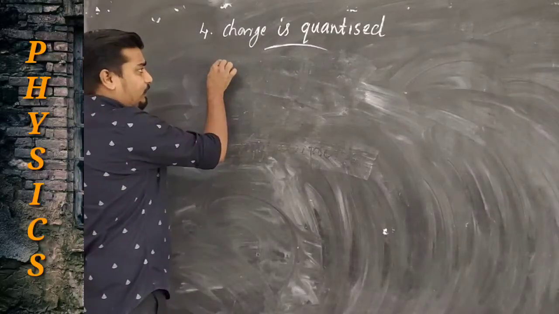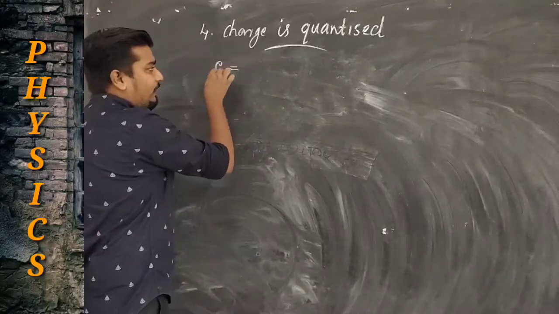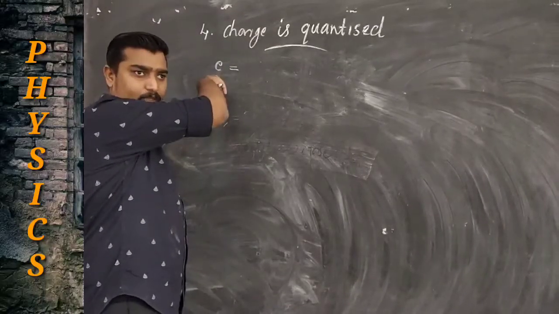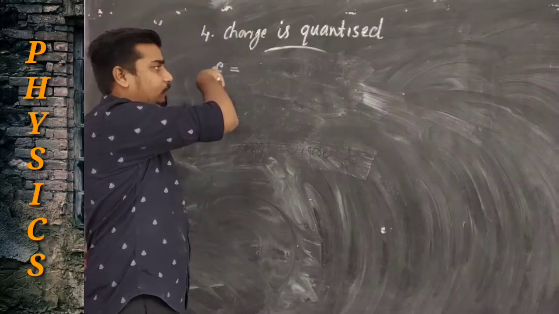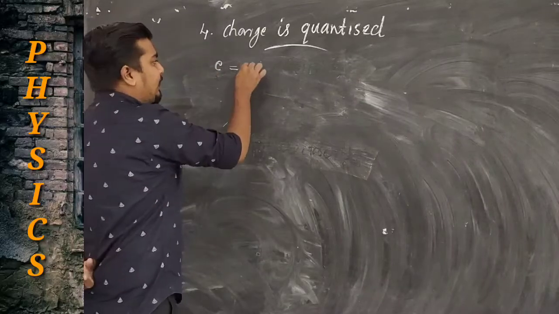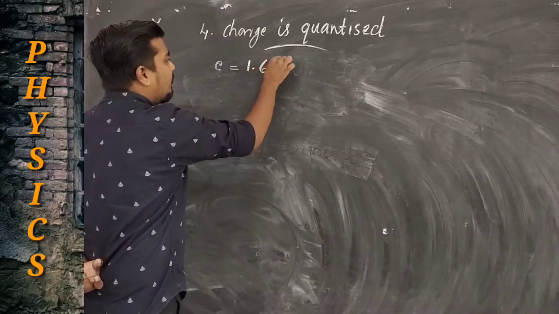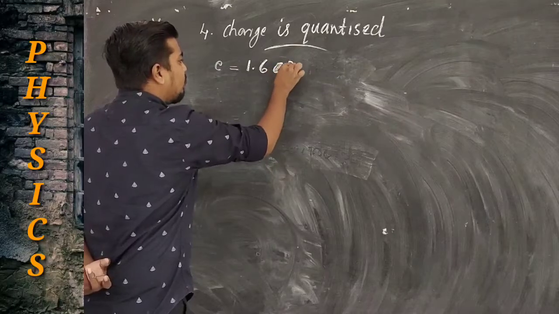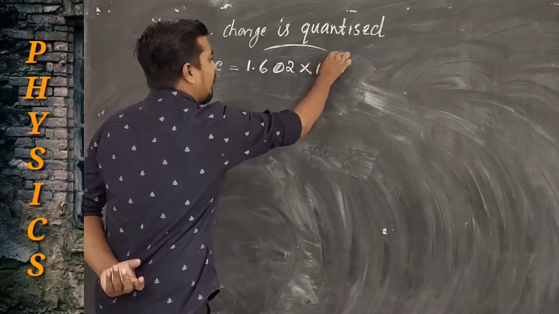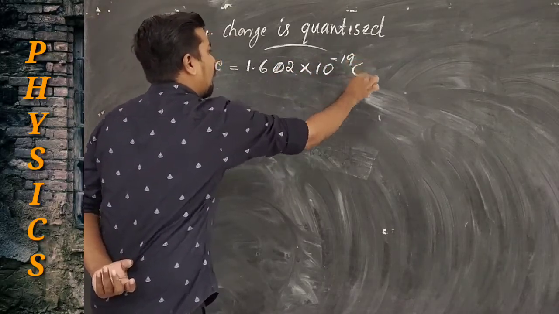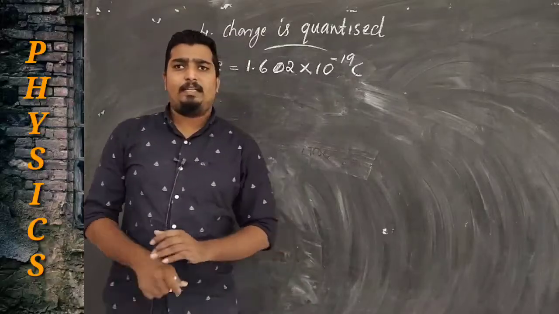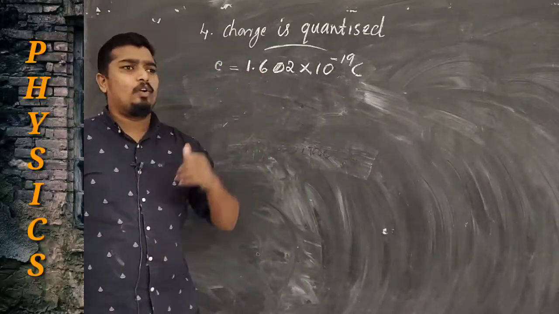The basic charge, or electronic charge, e equals 1.602 into 10 raised to minus 19 coulomb.